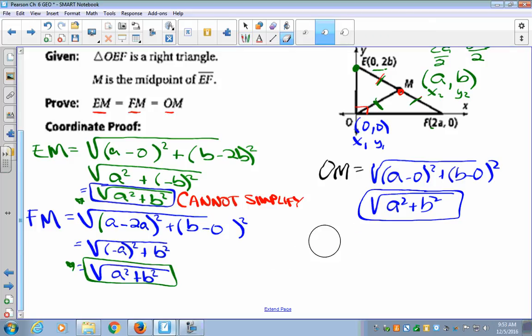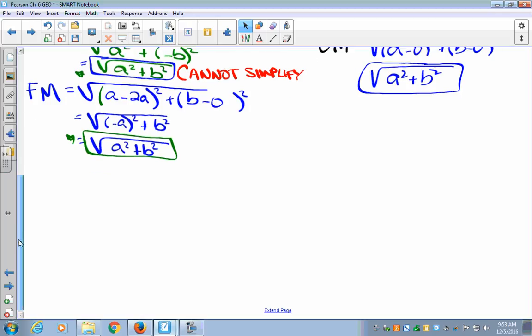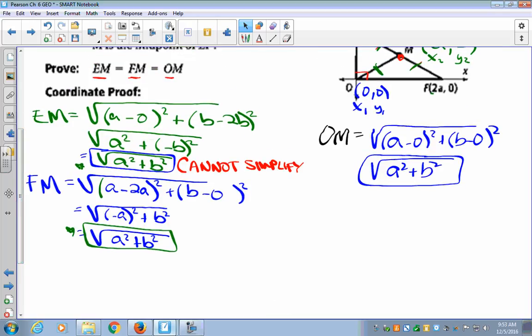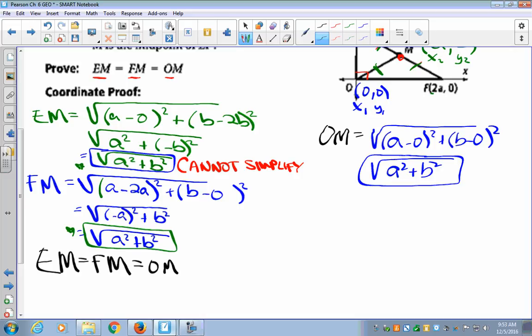Okay, OM, so let's do our definitive statement. Wrap it all up. So we're going to say EM equals FM equals OM equals the square root of A squared plus B squared.